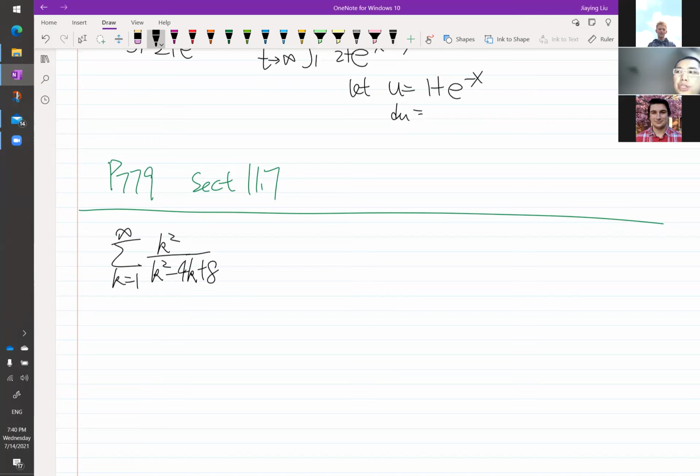Any suggestions of which test we should try first for this example? Divergence test. Well, let's just try with the divergence test.